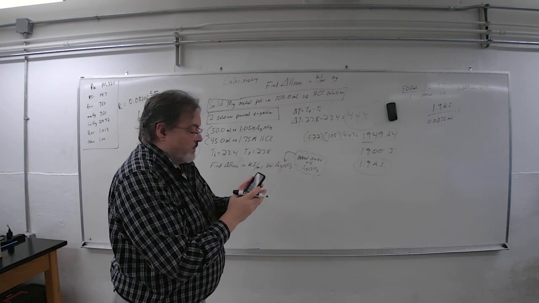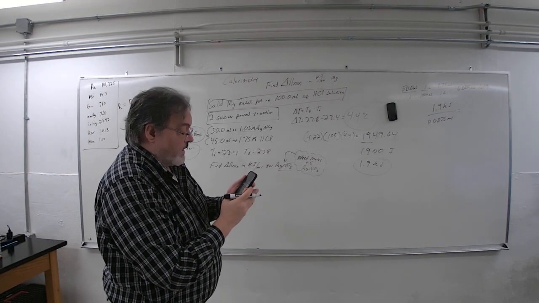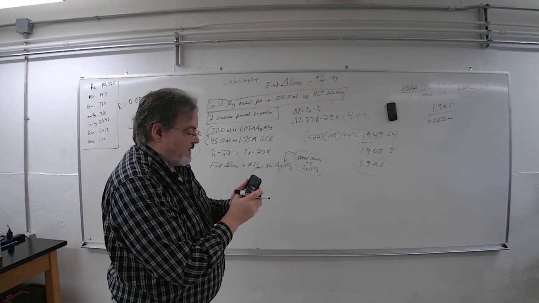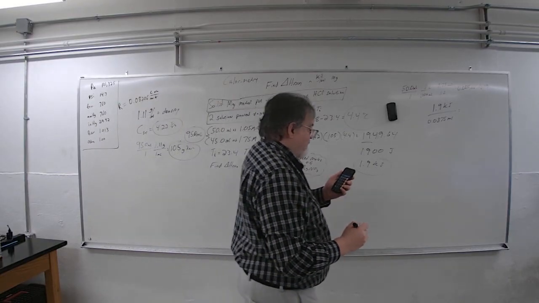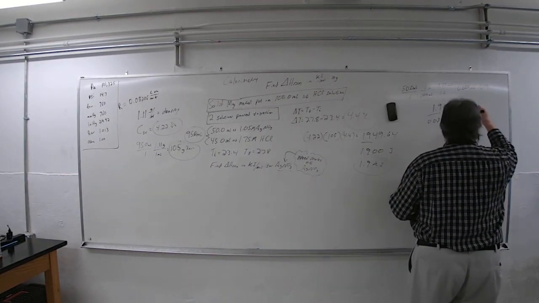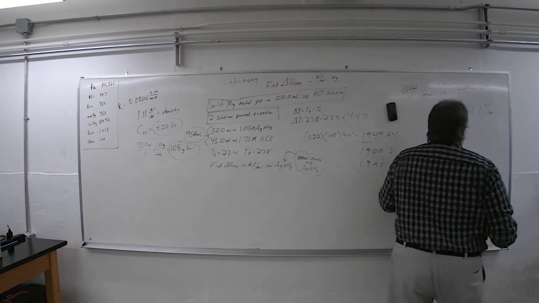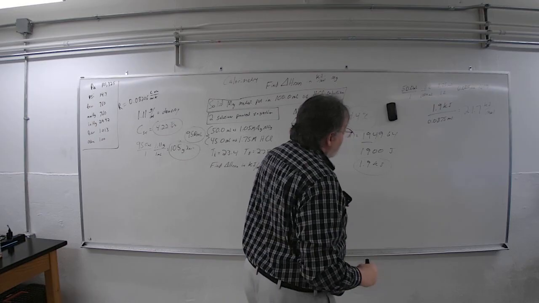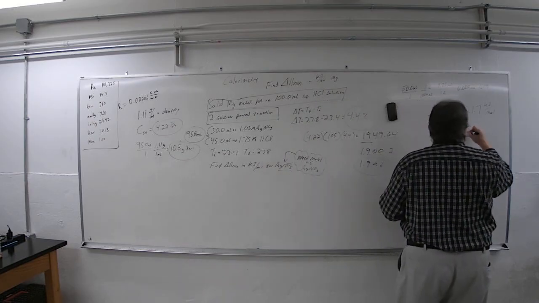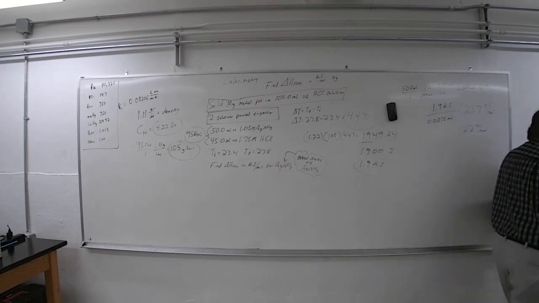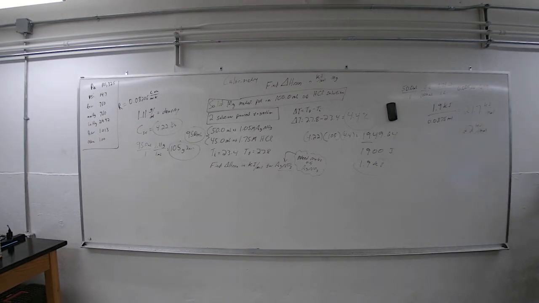So our kilojoules per mole is 1.9 divided by 0.0875. I guess that should really be 22.